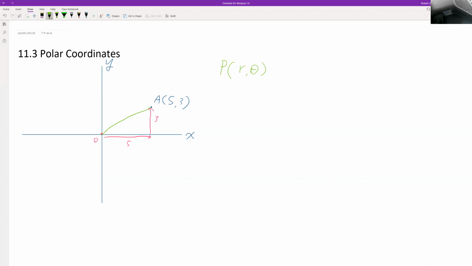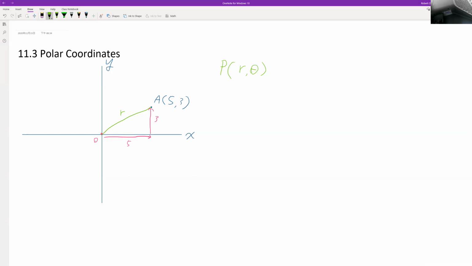Let's go back to this xy plane for a second with the point 5, 3. Five to the right and three up. Now, this line that directly connects the origin and the point, we're going to call r. That r is going to be the distance from the origin to the point.